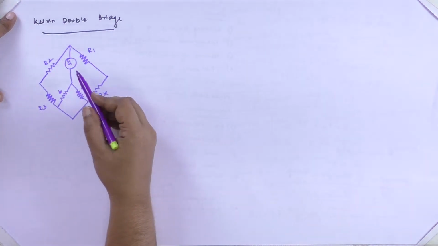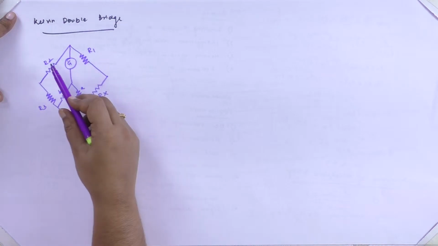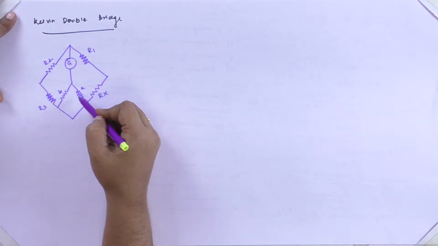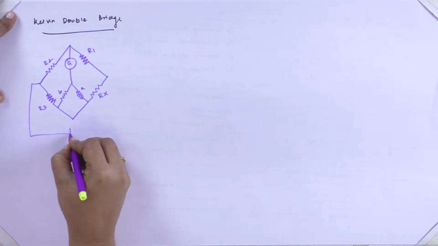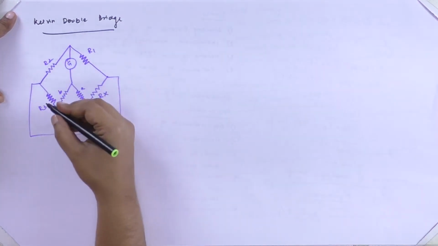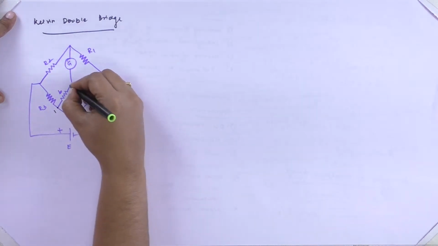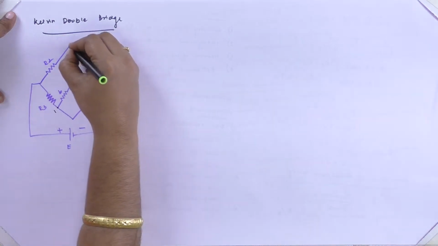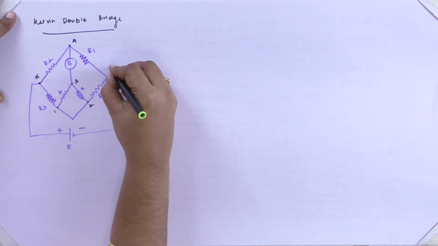In the Kelvin double bridge the ratio arms are divided into 2 sets: the first set is R1 and R2, and the second set is A and B, and the 2 junctions will be connected to a voltage source. I am marking these junctions as 1, 2, 3, 4, 5 and 6.